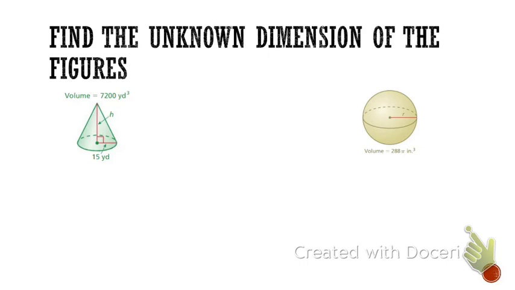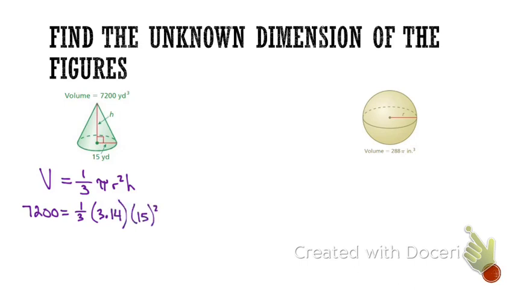All right, so now, again, you've got to be able to know that that's a cone. Okay, volume equals 1/3, because it's a cone, pi r squared h. All right, so now you know the volume, so where do you think that goes? 7,200 equals 1/3 times 3.14 times your radius squared, which you know, but you don't know the height.